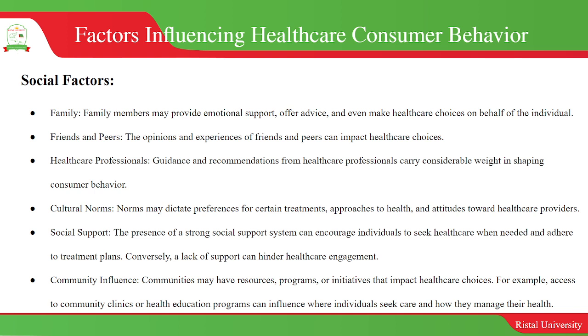And then the family members will provide emotional support, offer advice, and often recommend the health worker that can handle that condition. And then the peers also will do the same.